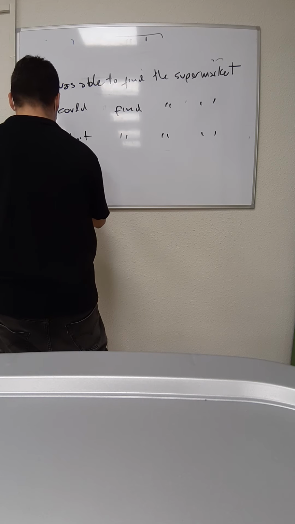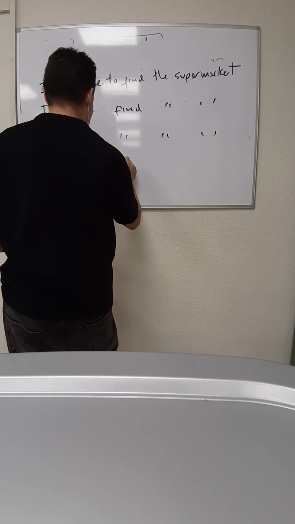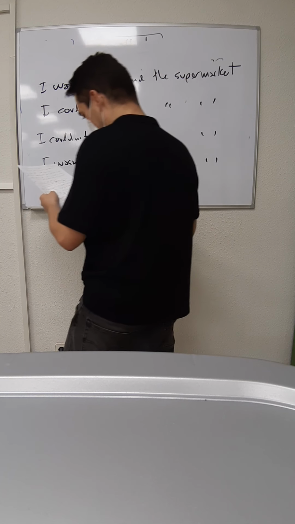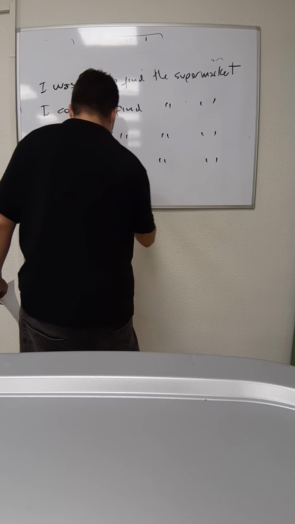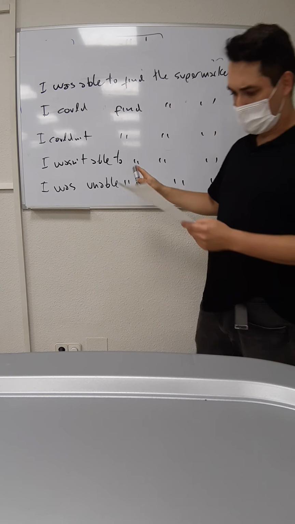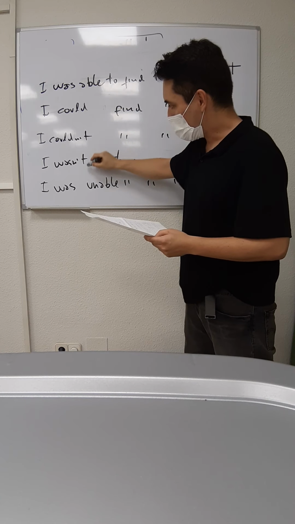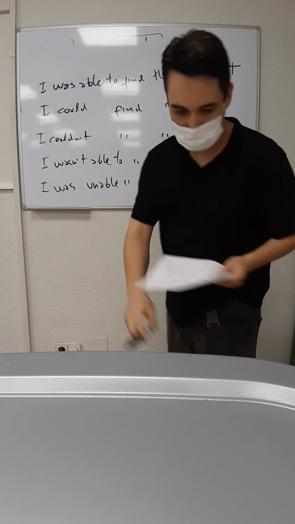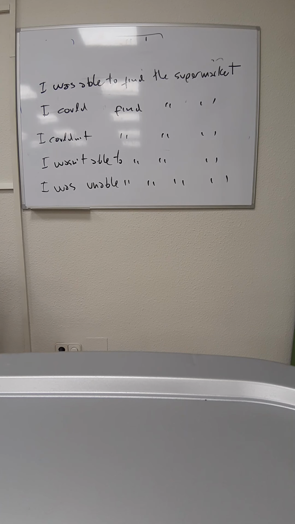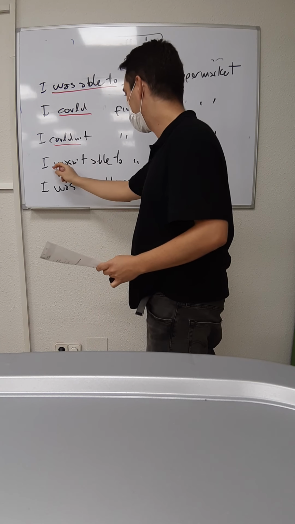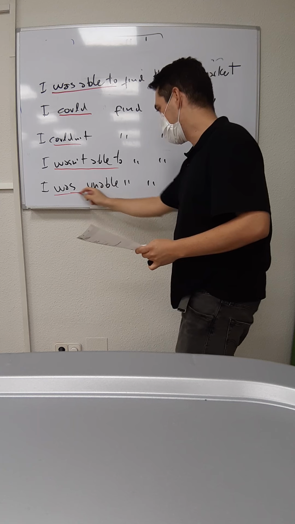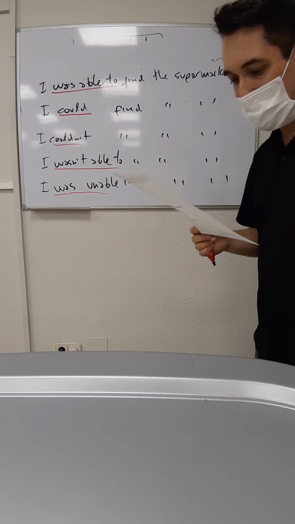I wasn't able to find the supermarket. And the last one, I was unable to find the supermarket. Five sentences, using I believe some markers on the floor. Here I have was able to, could, couldn't, wasn't able to, and was unable. One of them is wrong.